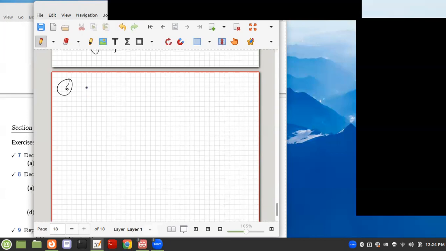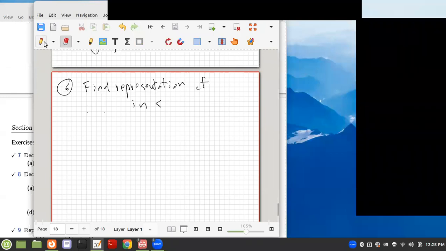Let's find the representation of 1 plus 2x in the basis 1 plus x, 1 minus x of P1.